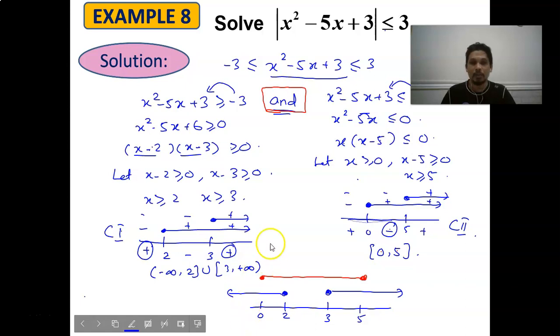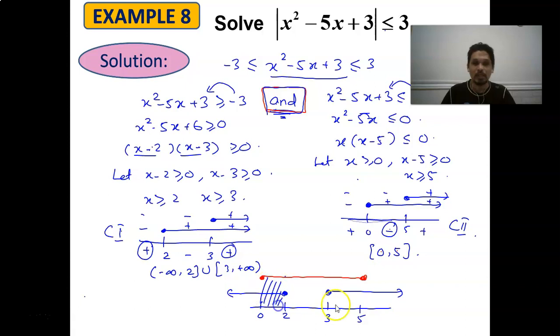With the term "and", we are going to finalize our answer. We find where these two lines, red and blue, intersect each other. Of course, you can see clearly now that it intersects here and here. So our final answer is from 0 until 2, union 3 until 5.